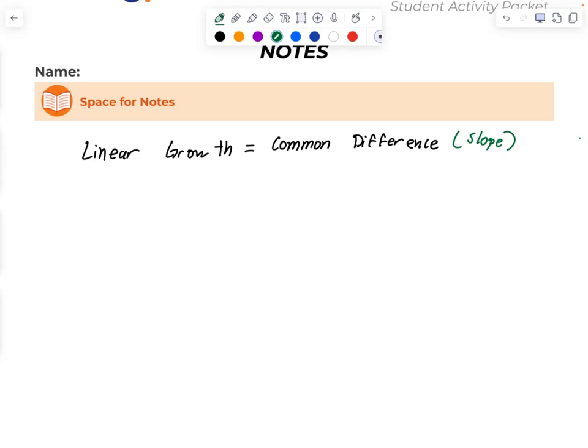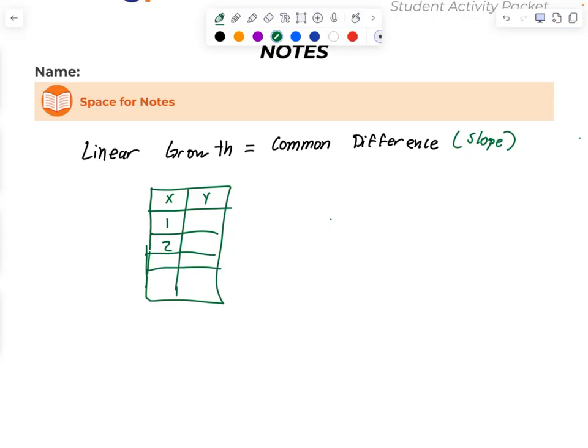So when we look at an example in a table, we have x and we have y, and it's going up 1, 2, 3, 4. This might be, for example, 5, 8, 11, 14. We can find the common difference by subtracting one term by its previous term.